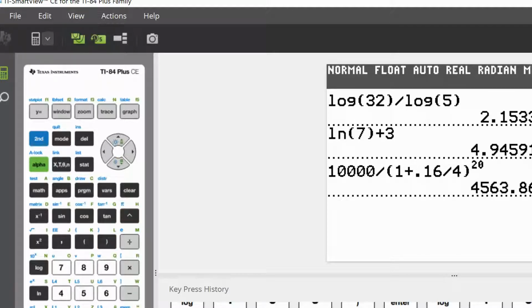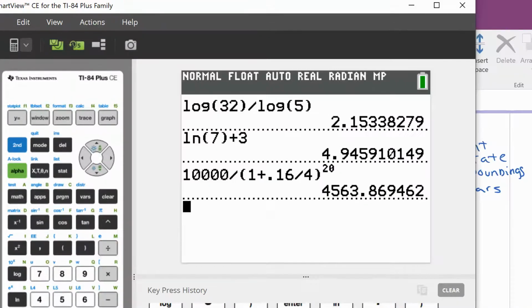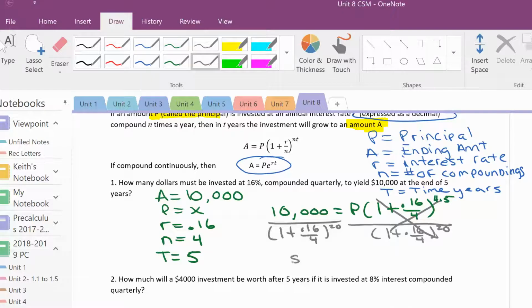And then you hit enter. So that means you had to invest $1,563.87. That is the principal. That is how much you would have to invest.